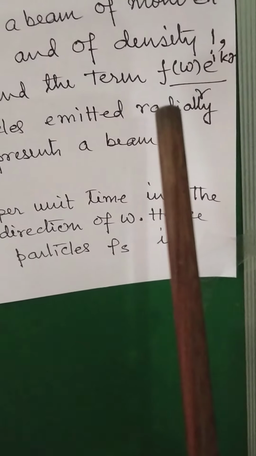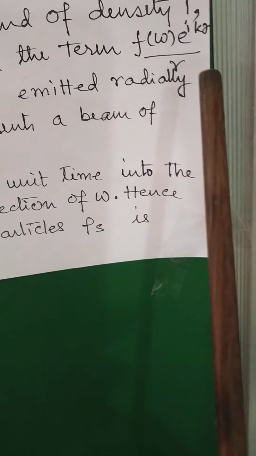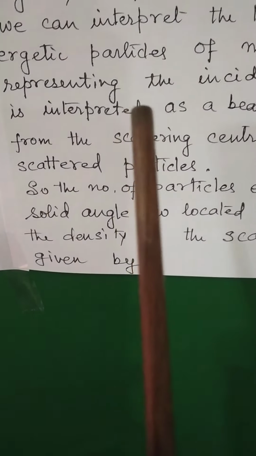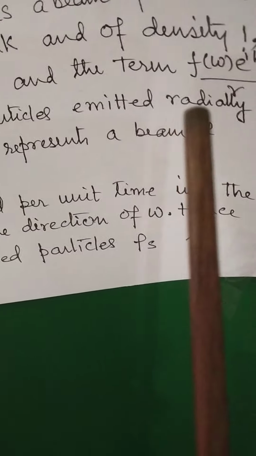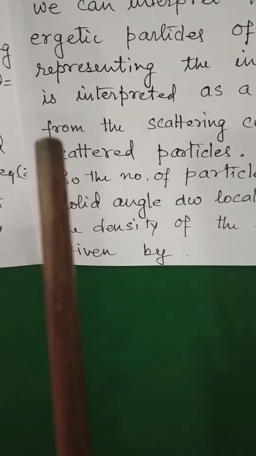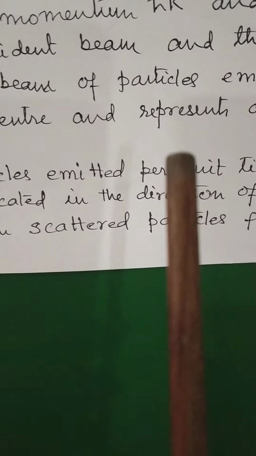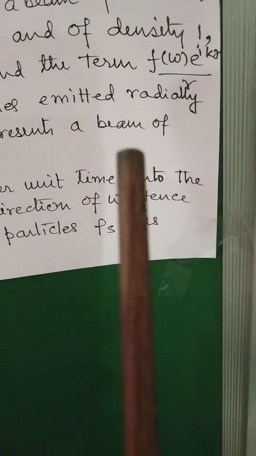The term f of omega e raised to the power of iota k r upon r is interpreted as a beam of particles emitted radially from the scattering center and represents a beam of scattered particles.